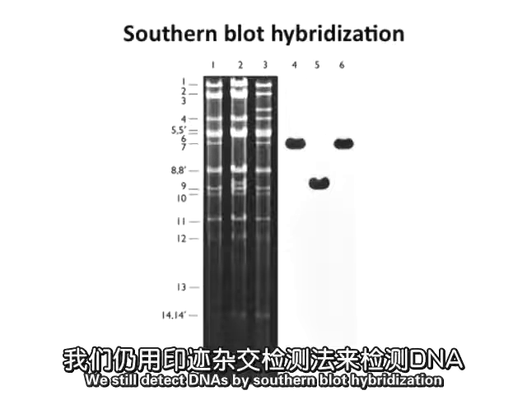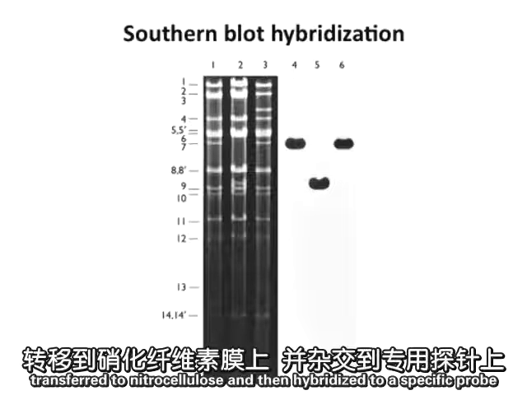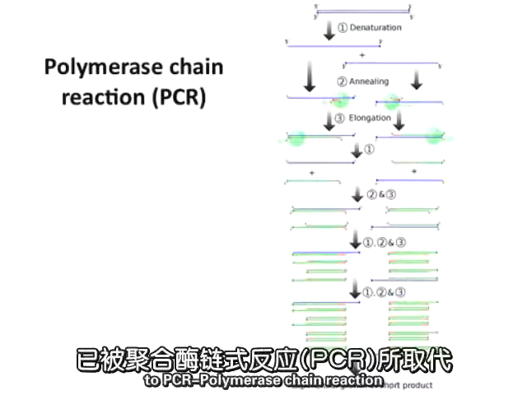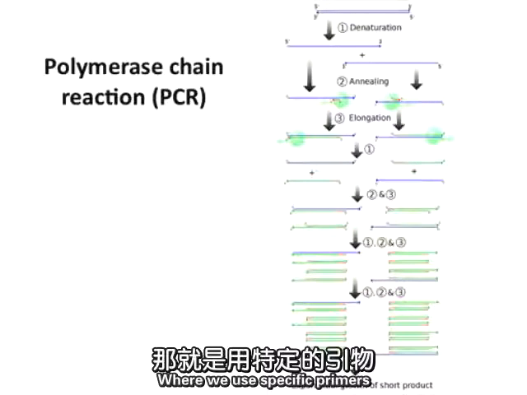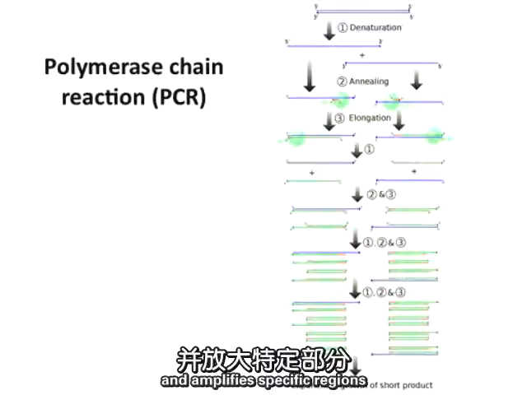We still detect DNAs by Southern blot hybridization, where DNAs are fractionated on a gel, transferred to nitrocellulose, and then hybridized with specific probes. But this has given way in recent years to PCR, polymerase chain reaction, where we use specific primers to anneal to specific regions of a DNA and amplify specific regions.